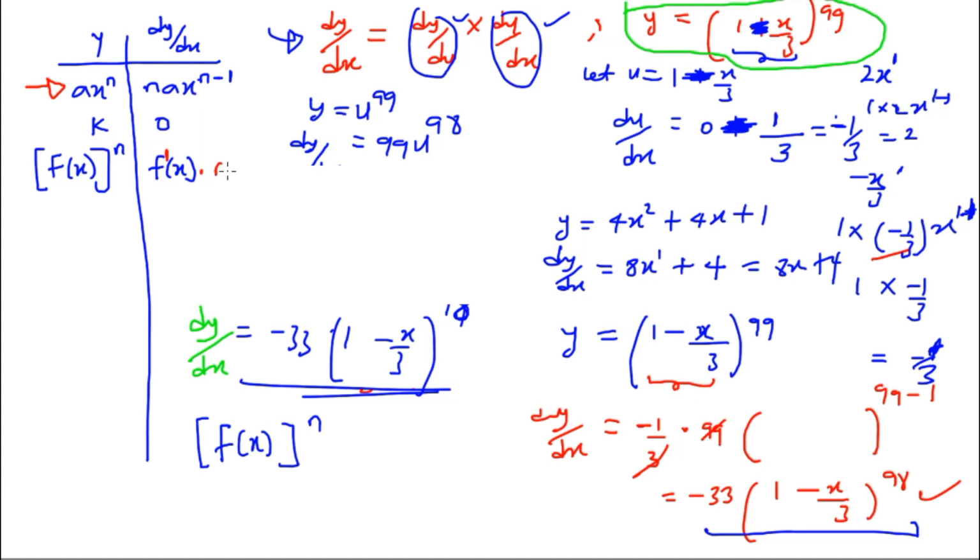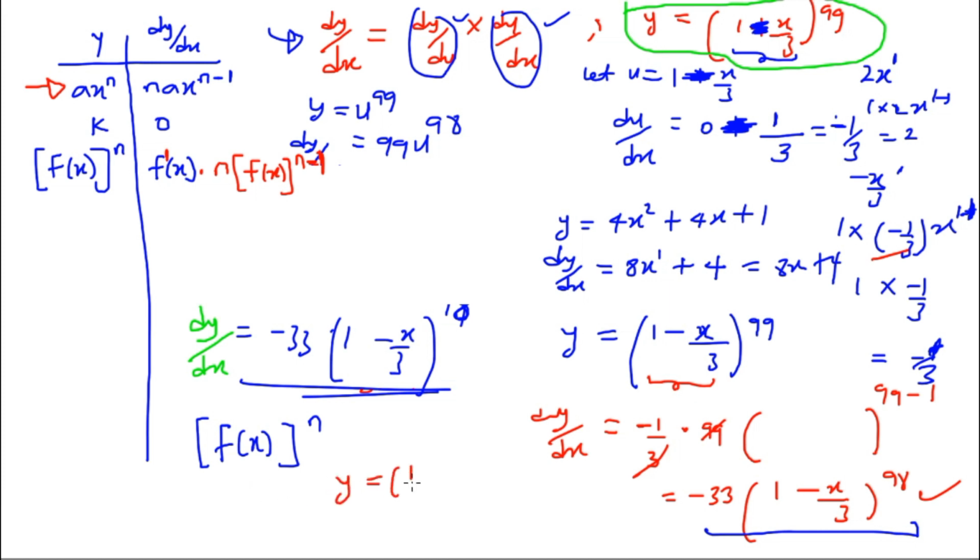So I'll have n, open bracket, the function, then raised to power n minus 1. So that's what we'll have.